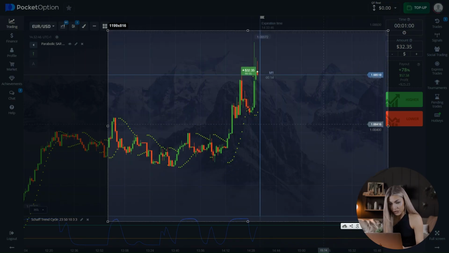Right now there's actually a new storm in the market. These abnormal candle spikes, that's a pretty unusual situation for the market. But nonetheless, the first squall has ended and I took this risk because I see the shaft trend cycle heading towards the overbought zone.